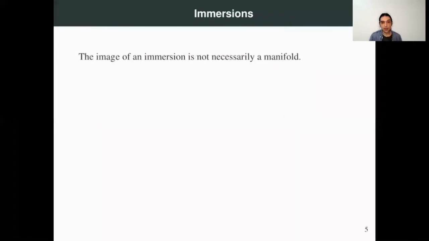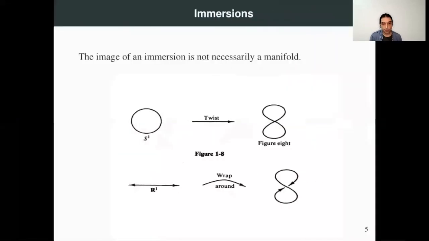Something that is very interesting is that the image of an immersion is not necessarily a manifold. For instance, we can consider these two cases. This is a picture that you can find in the Guillemin and Pollack book. In the first one, we can use the circle to parameterize this figure 8.